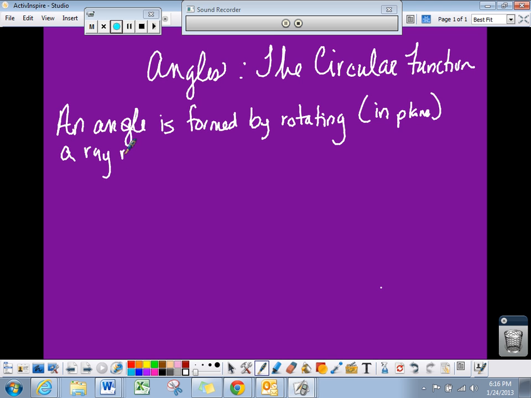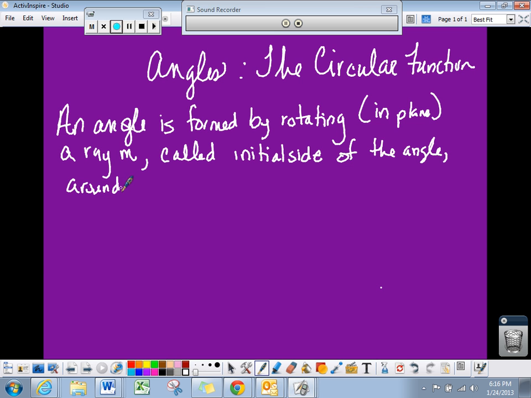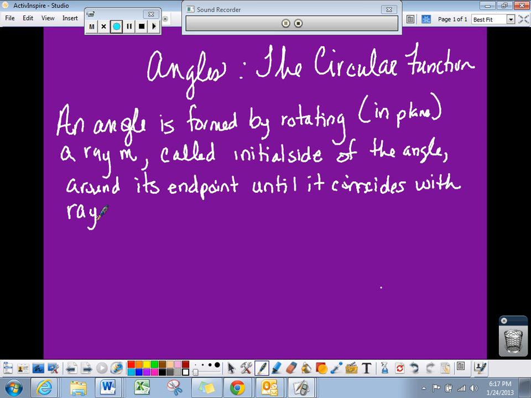A ray M, and that's going to be called your initial side of the angle, around its endpoint until it coincides with a ray N, which is called your terminal side.